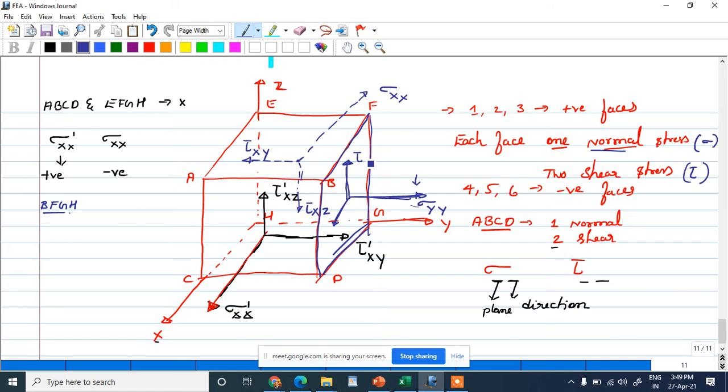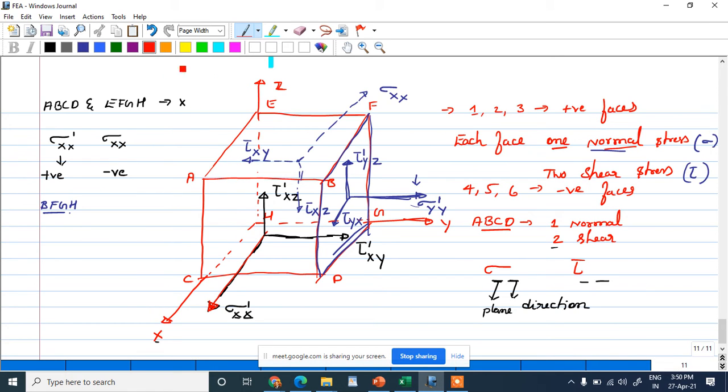And what about this? Tau? Tau y z. See, y is the plane, z is the direction, and for all, as you said, we should locate the prime, because this is a positive phase, and this particular will be tau y x. Okay, so this is done. Similarly, we need to mark here in opposite direction.